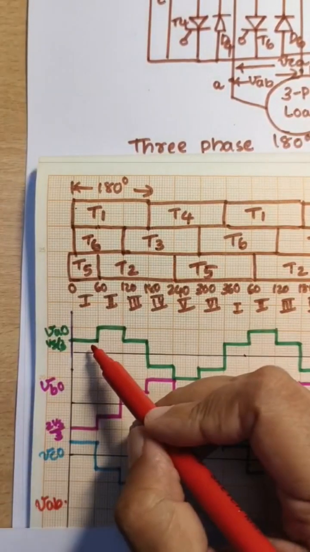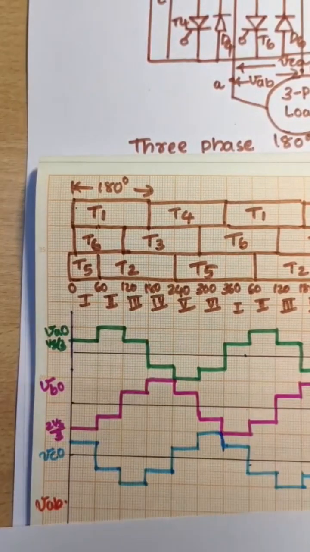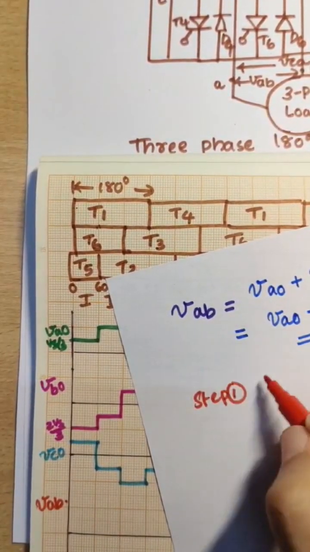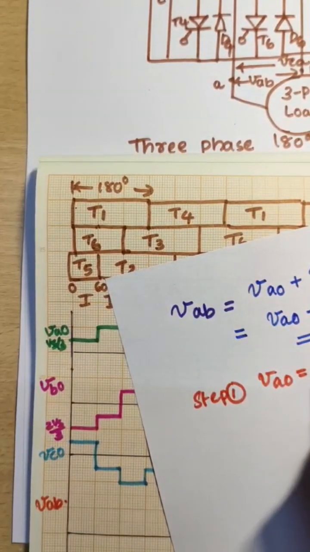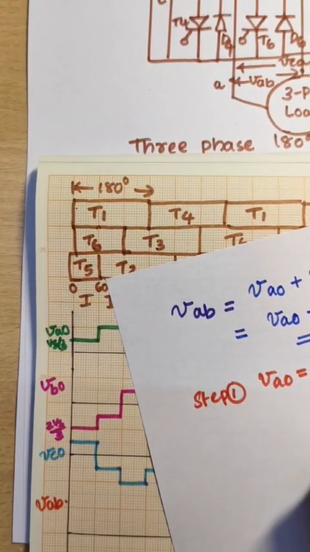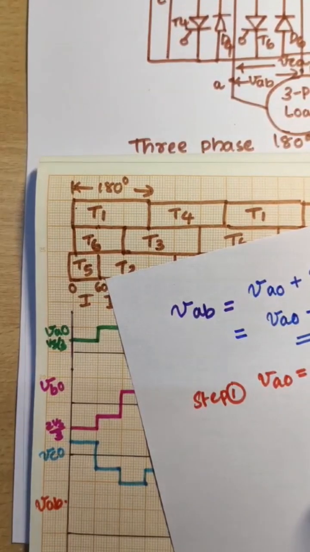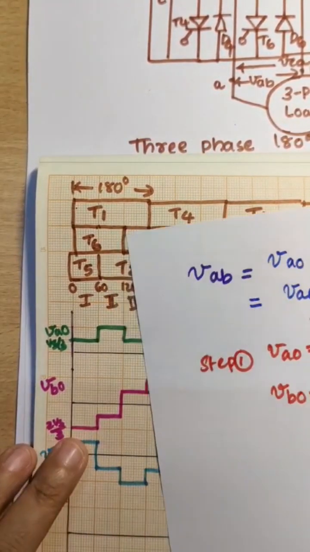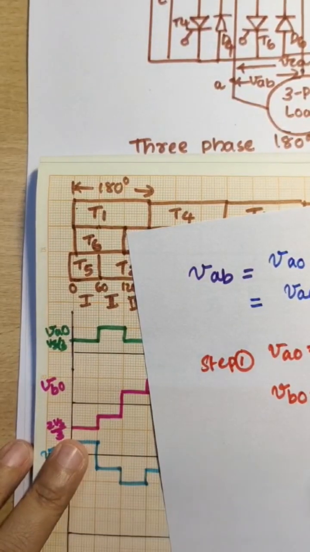What is VAO now? In step 1, VAO is equal to Vs by 3. Then what is VBO? In the first step, it is minus 2 Vs by 3.